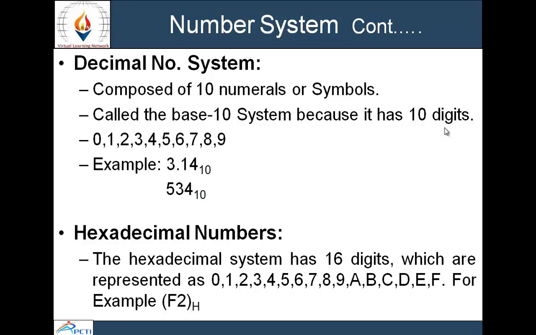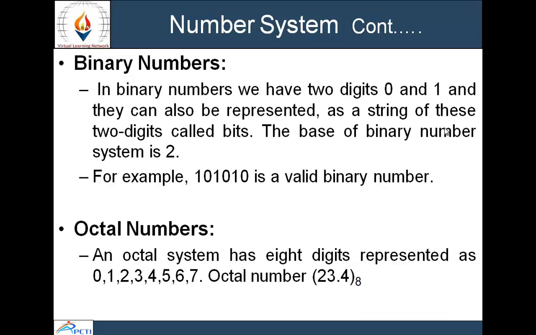Next is hexadecimal numbers. The hexadecimal system has 16 digits which are represented as 0 to 9 and A to F. For example, F2 base H or base 16. Next is binary numbers.